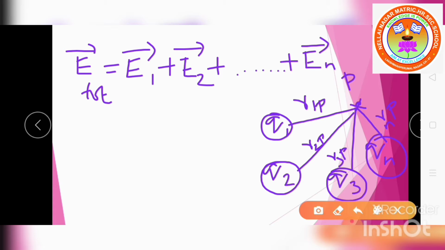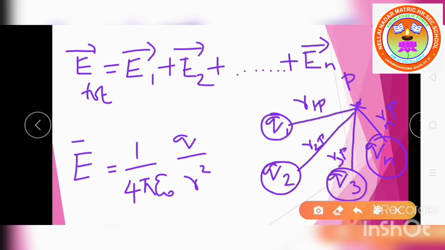Now substitute the value. Listen children, for E1, we know the general formula for E. E is equal to 1 by 4 pi epsilon naught Q by R square. If I write the vector, then R cap will come.